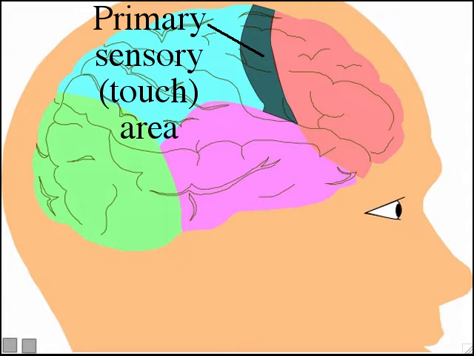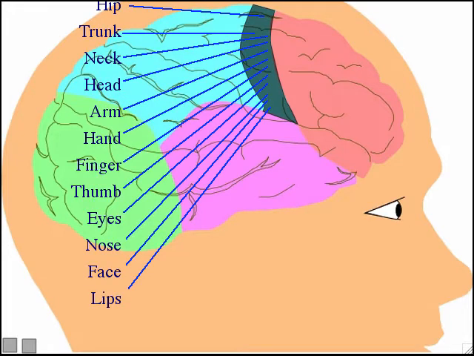Now, here's something I think is kind of fascinating. Anatomists have even been able to locate within the primary sensory area exactly where the touch nerve signals arrive from the various parts of our body. Here's kind of a map, and you don't have to memorize this map, but I think it's utterly fascinating.